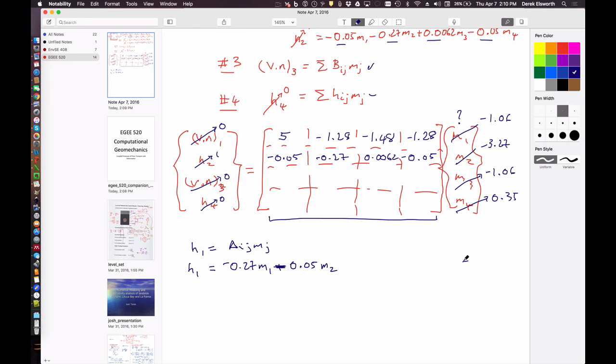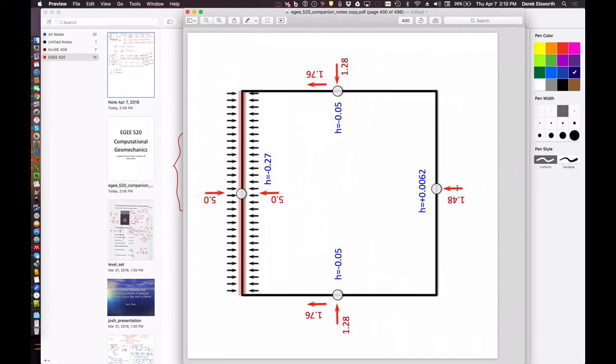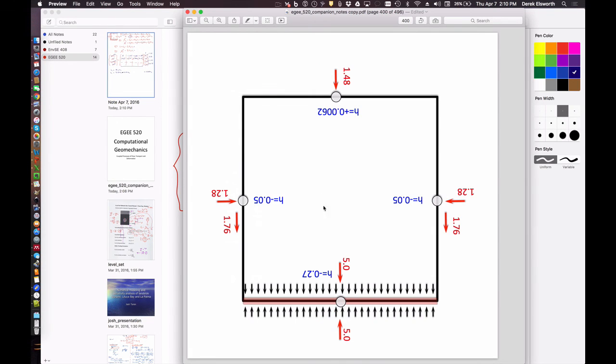Just skip ahead this because we're running a bit out of time. The fourth one will be minus 0.05 times M4, just from symmetry, as you will see. And if we do this for this one, then the influence of 3 on 1 is plus 0.0062.